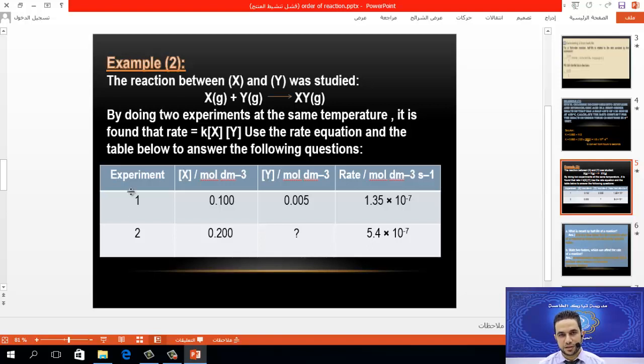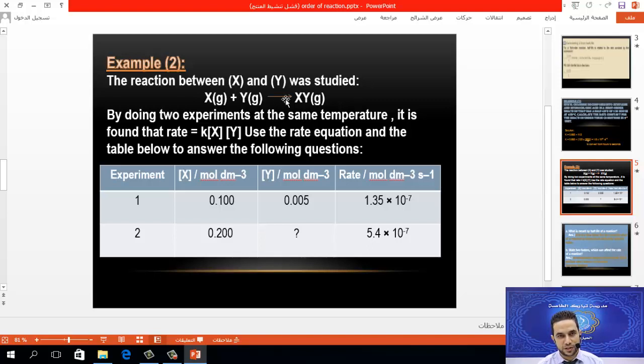If you check experiment 2, you will find the rate value and the concentration of X, but we have another unknown, which is K. We have rate, we have X, but we don't have the value of K. As I said before, it is written at the beginning of the question: at the same temperature.